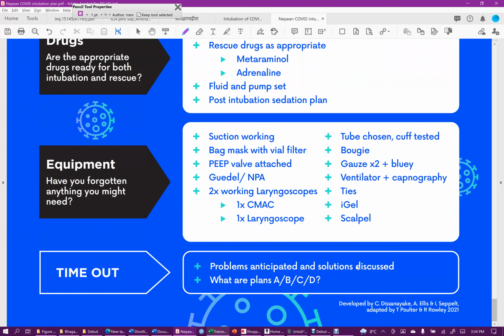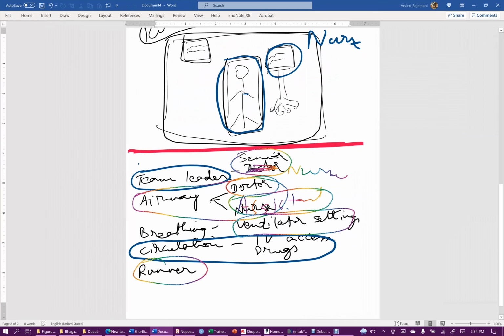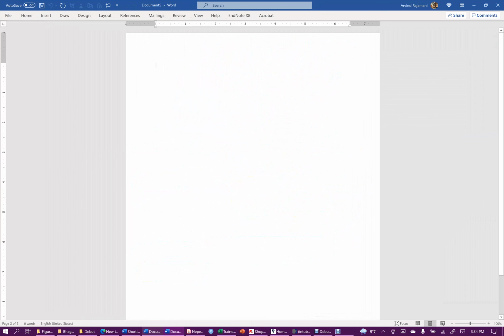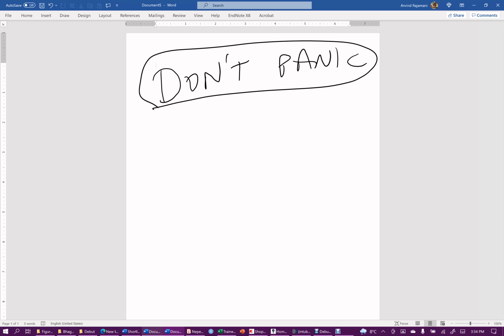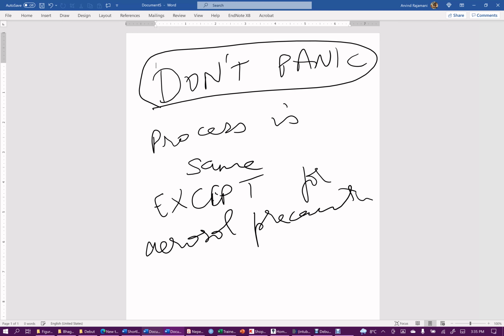So finally, my take home message out of this, number one: don't panic. The process is exactly the same, except for aerosol precautions. The actual intubation is exactly the same.